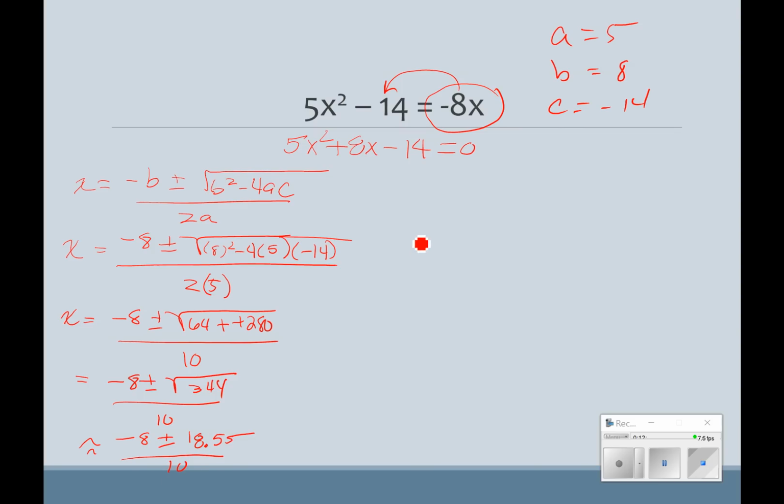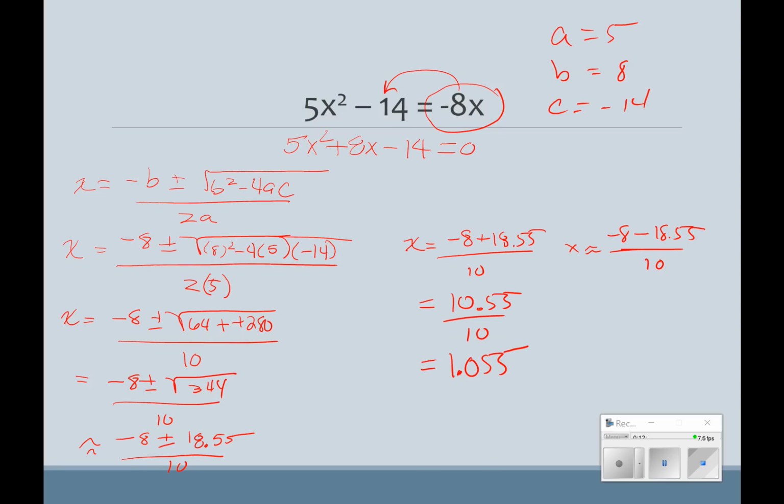So I have my two solutions. X equals negative 8 plus 18 and 55 hundredths divided by 10. And x is approximately negative 8 minus 18 and 55 hundredths divided by 10. So if I simplify, I'm going to get 10 and 55 hundredths divided by 10, which is going to give me 1.055.